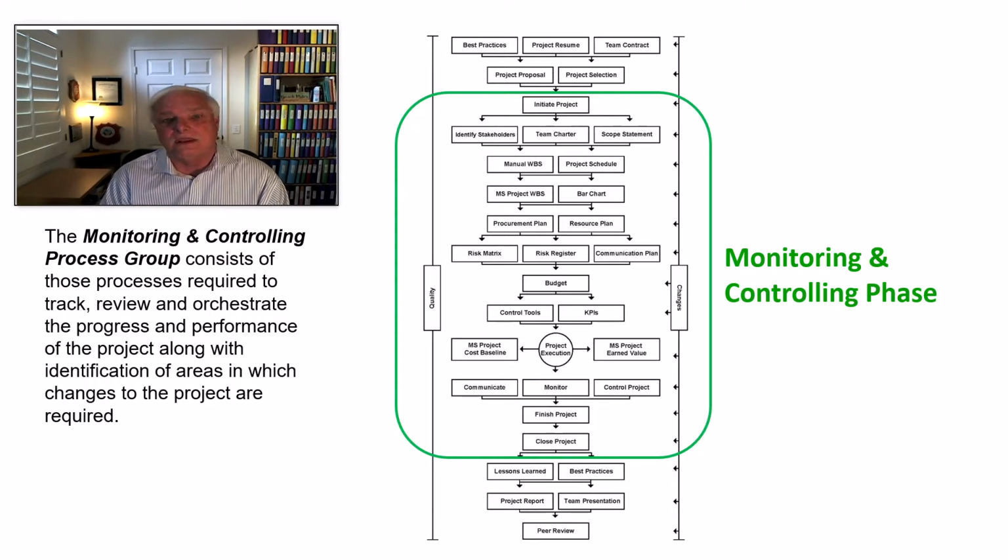And quality is one of those characteristics that's moving up and down in any of these module areas. The monitoring and controlling process group consists of those processes required to track, review, orchestrate, and measure the performance of the project, along with identification of areas which may require changes on your project.